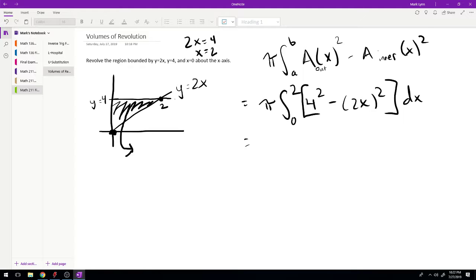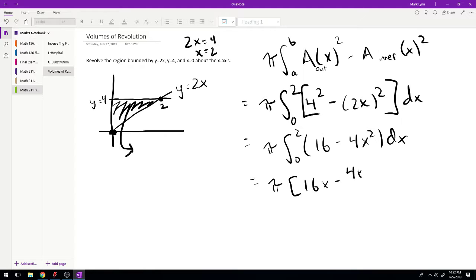Okay, performing some quick integration here now. After we simplify, we get 16 minus 4x squared. Now we will integrate, and we would get pi times 16x minus 4x cubed over 3 from 0 to 2.